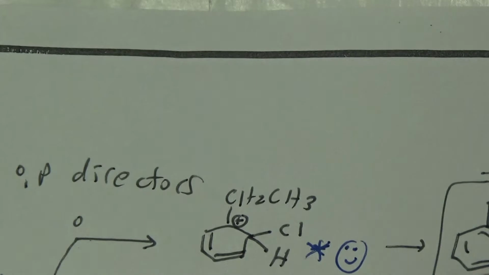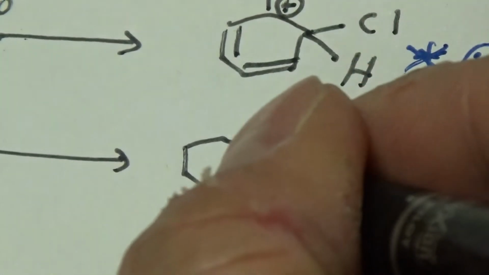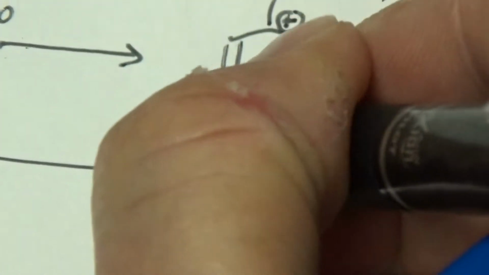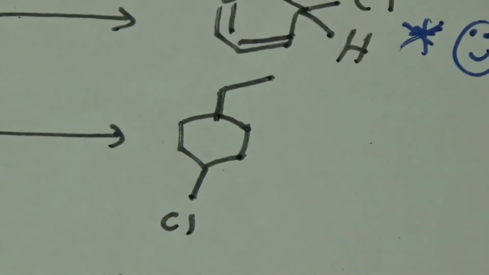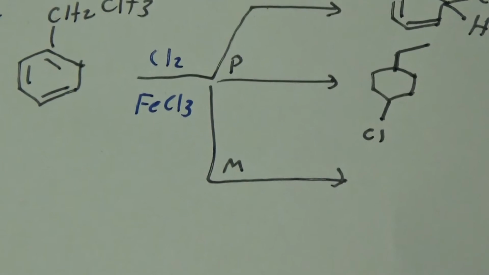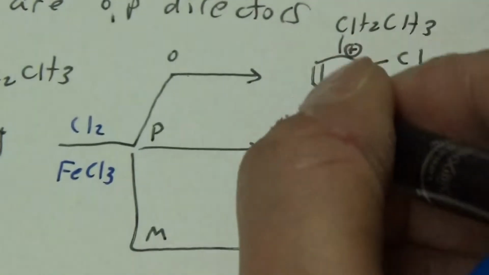I'm drawing a little small because of lack of space. So the chlorine goes to the para position. I'm also just going to draw my ethyl like that. Are we cool? The next thing is you draw the double bonds that did not change. The left double bond did not change.